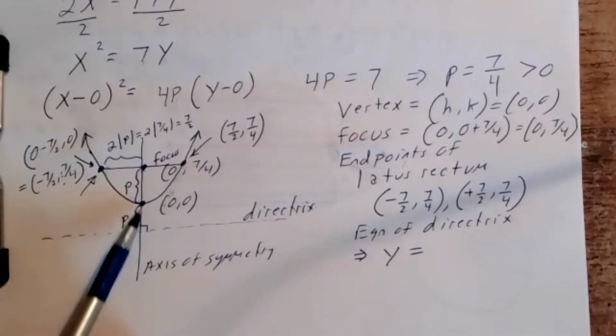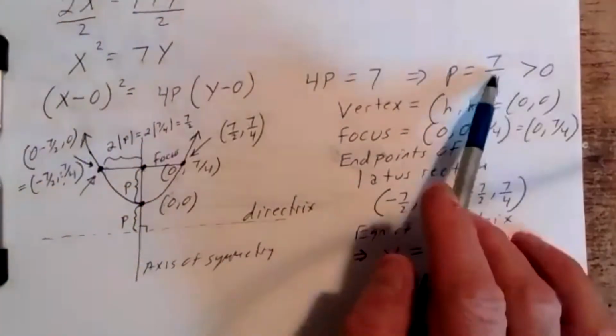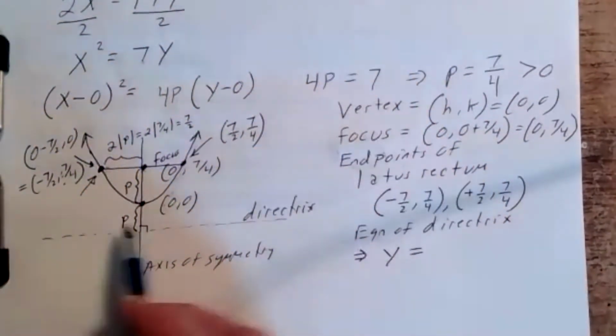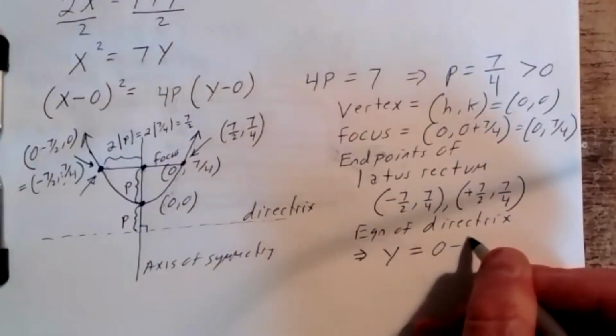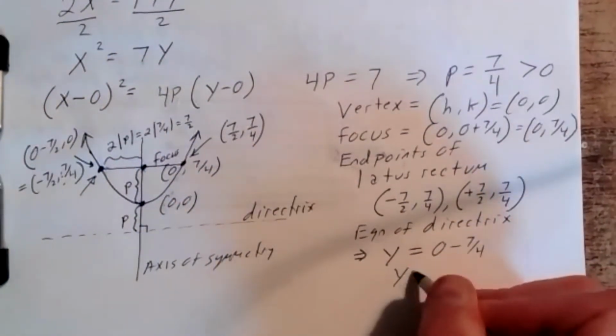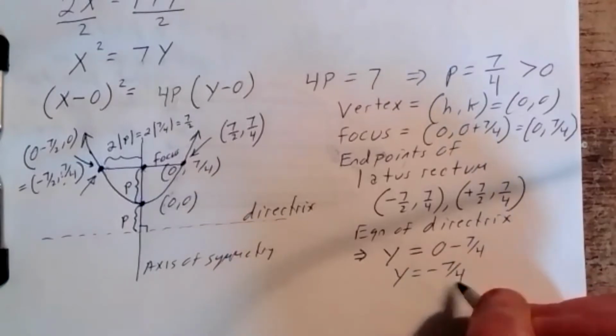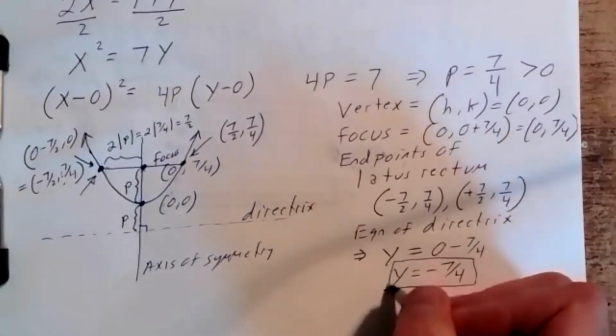Y. The Y coordinate changes, and it actually decreases because you're moving in a negative y direction, so it decreases by 7/4. So the equation of your directrix is y equal to 0 minus 7/4, or y equal to negative 7/4. That would be the equation of your directrix, that horizontal line.